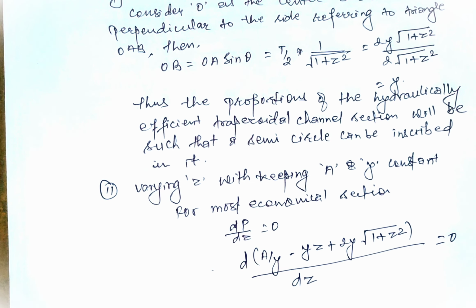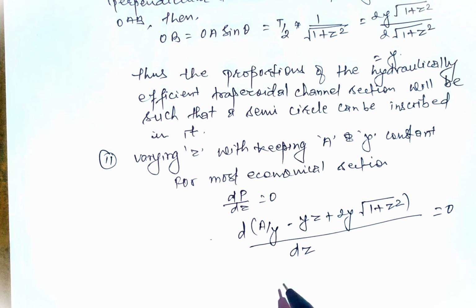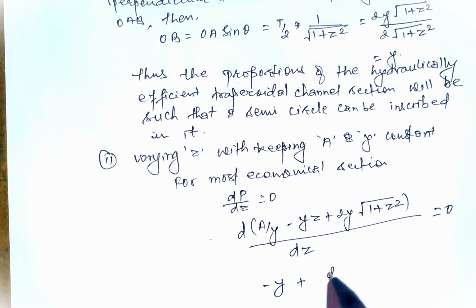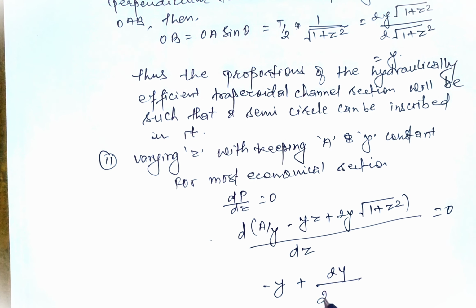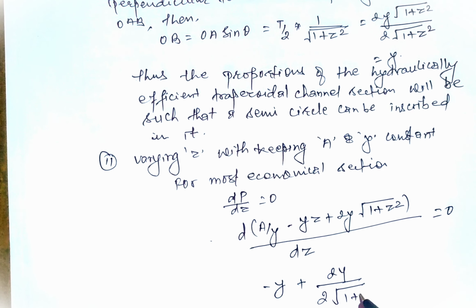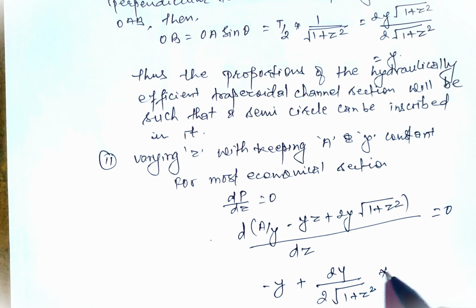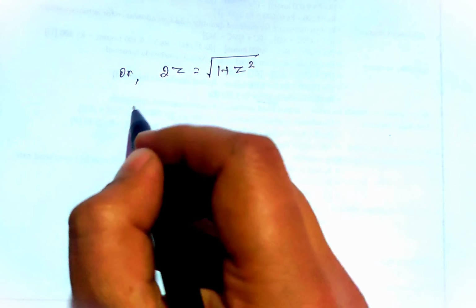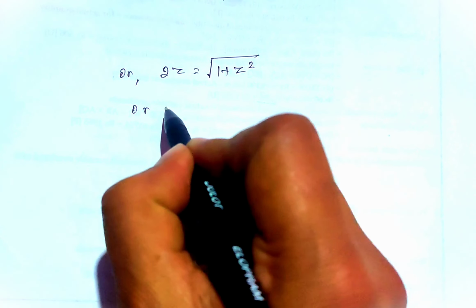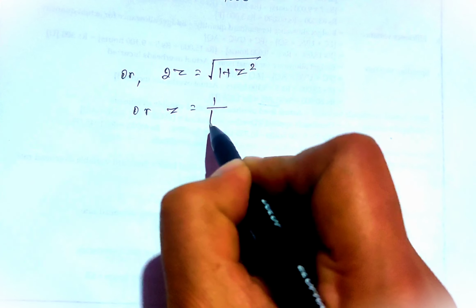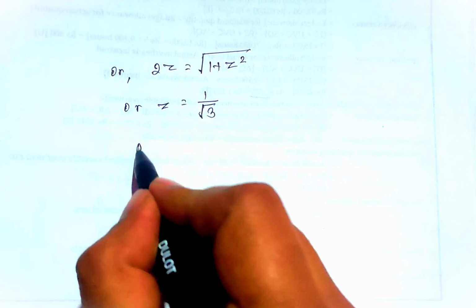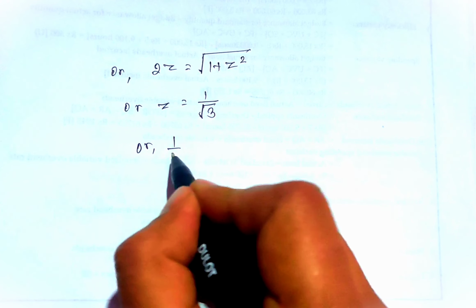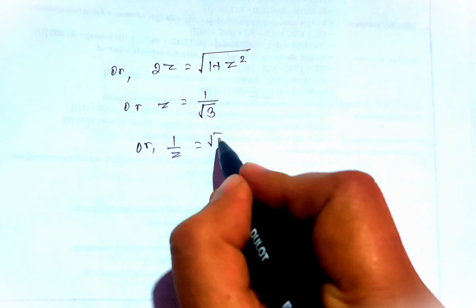On simplifying this, minus y plus 2y divided by 2 root over 1 plus z square times 2z equals 0, or 2z equals root over 1 plus z square, or z equals 1 by root 3, or 1 by z equals root 3.